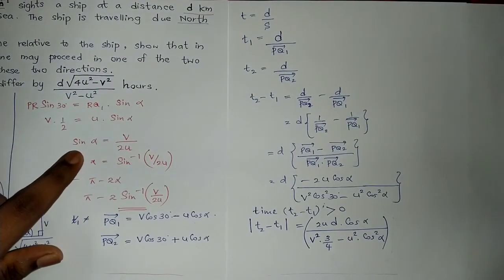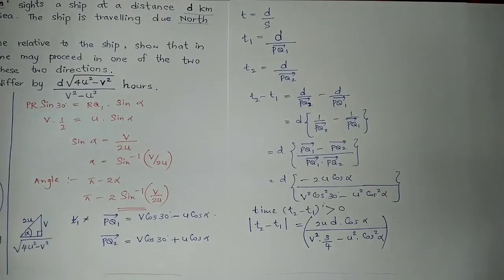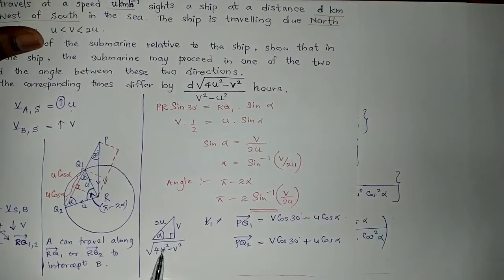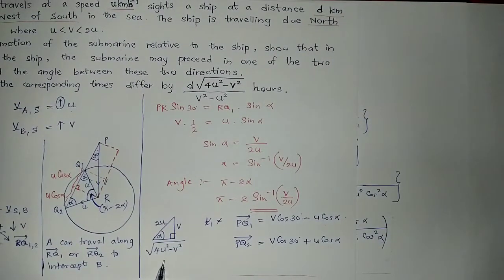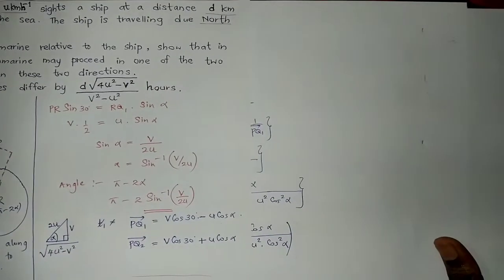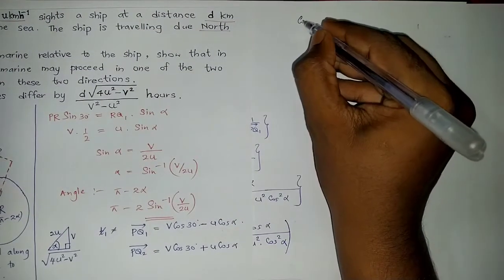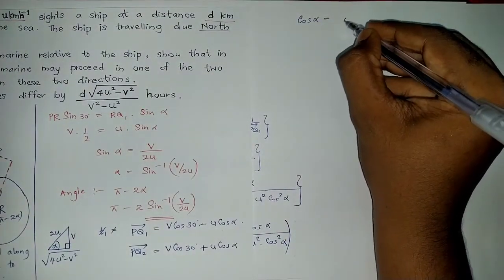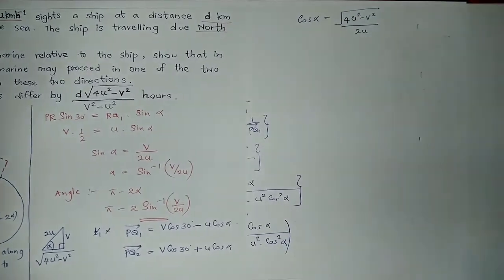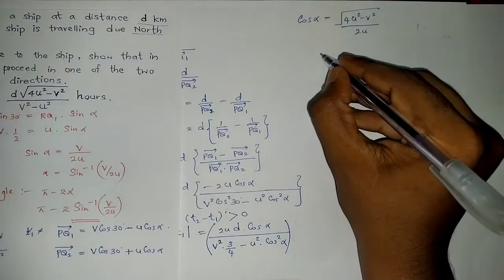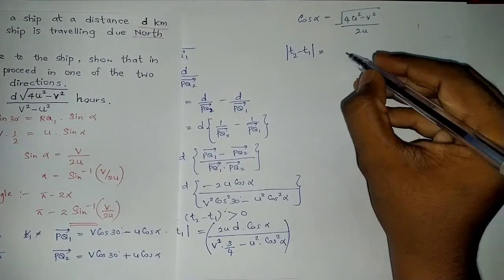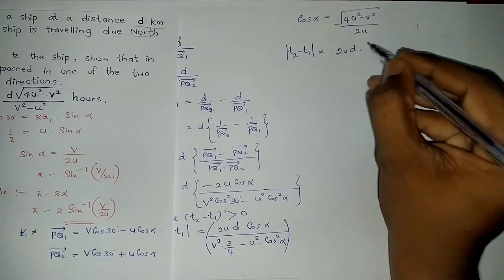So sin alpha is v over 2u. From this right angle triangle which I have constructed, I found the adjacent side as root of 4u square minus v square. Therefore cos alpha should be adjacent side over hypotenuse. So here we have the time difference as 2ud cos alpha.